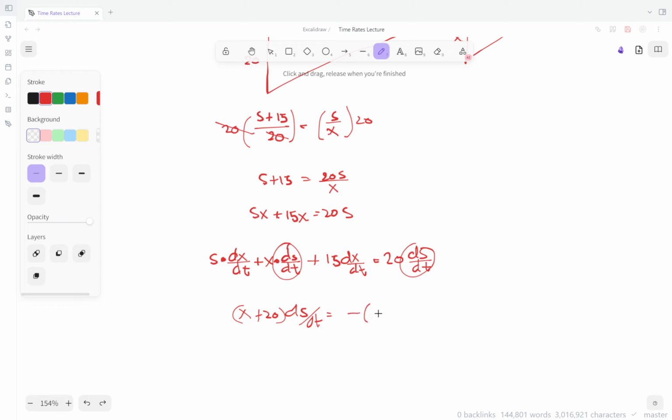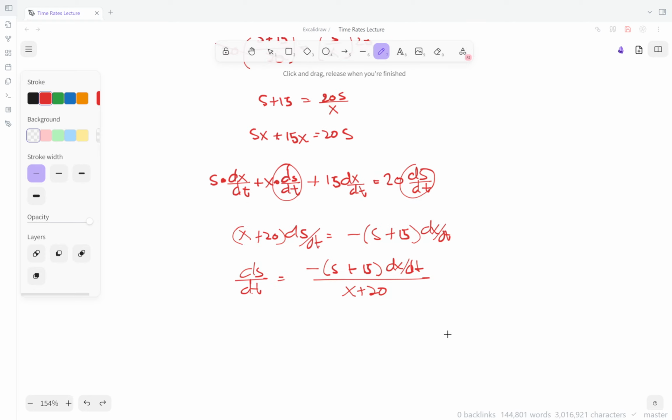That's s plus 15 dx dt. We wanted to know what is ds dt, so we just divide both sides by x plus 20. So we got s plus 15 dx dt, all over x plus 20.